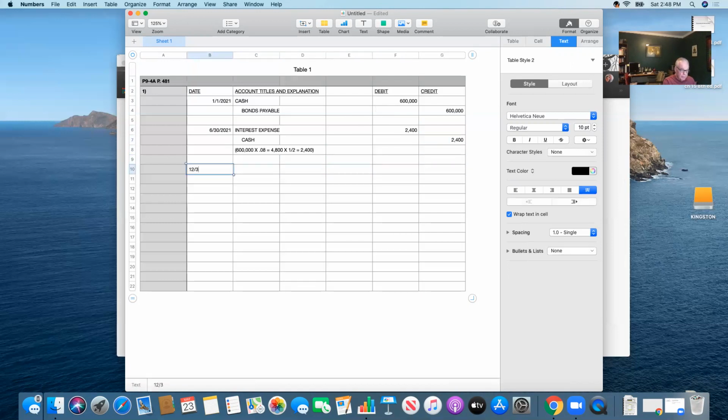On December 31st, we will do the same exact thing. We'll debit interest expense and credit cash $2,400.